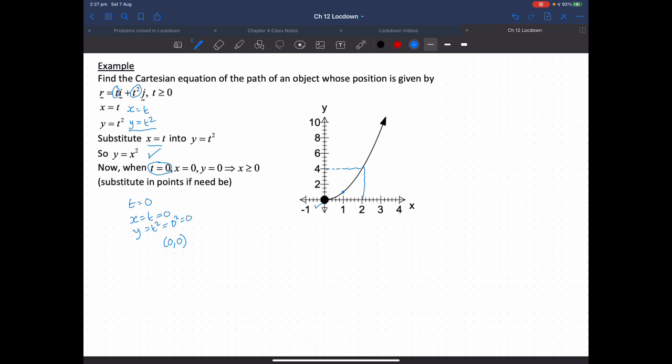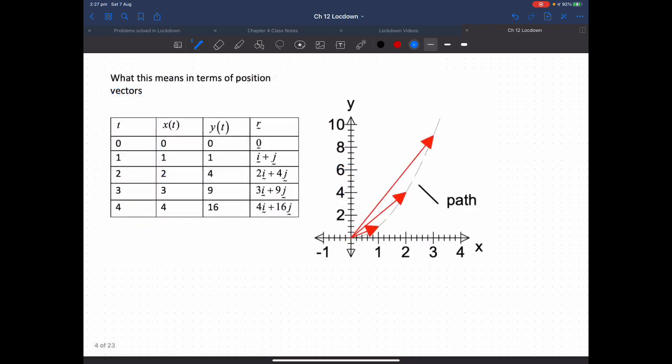Let's consider this a little bit further. What I've drawn here is a table of values where I have in the left hand column the values for t. I have picked integer values 0, 1, 2, 3, 4. Then I know that x was equal to t and y was equal to t squared.